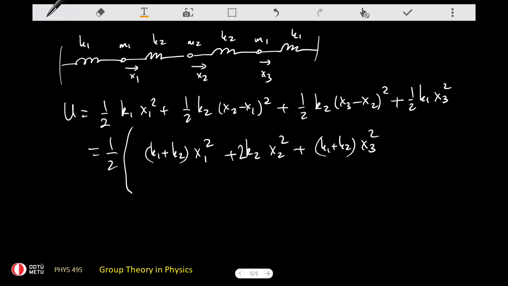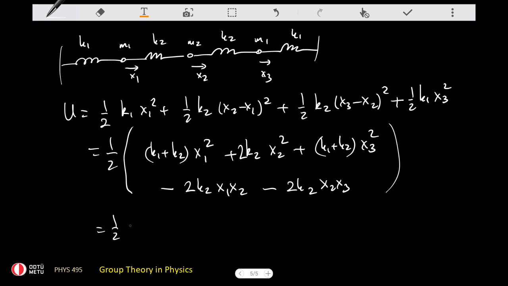And then I have from the middle terms minus 2K2 x1 x2, and here minus 2K2 x2 x3. Right, that's my whole expression.